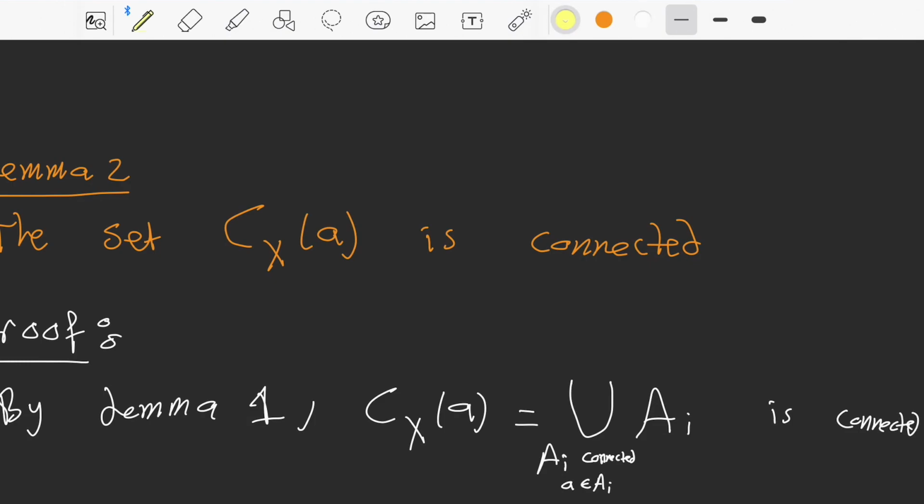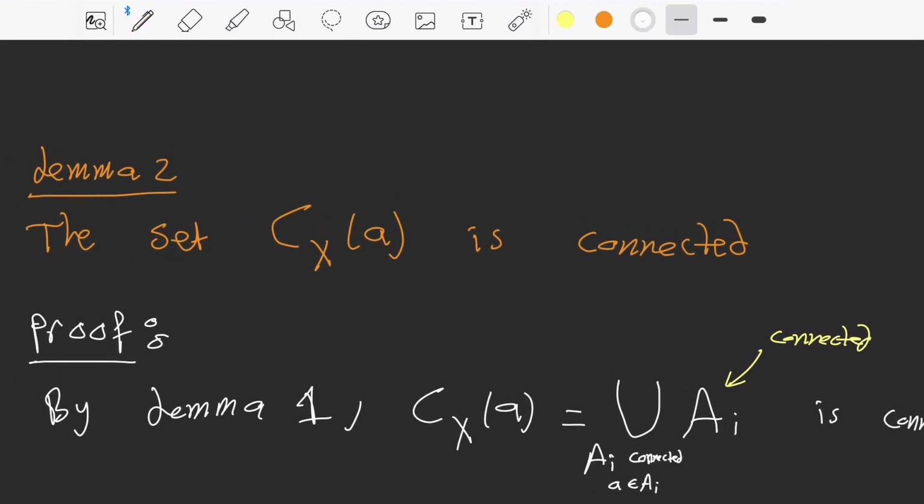First of all, each A_i is connected, and the intersection of the A_i is not empty. Why? Because A itself is in the intersection.